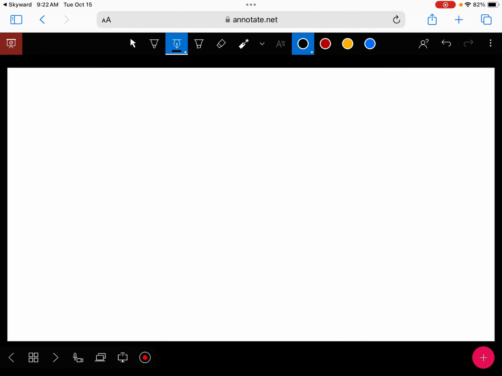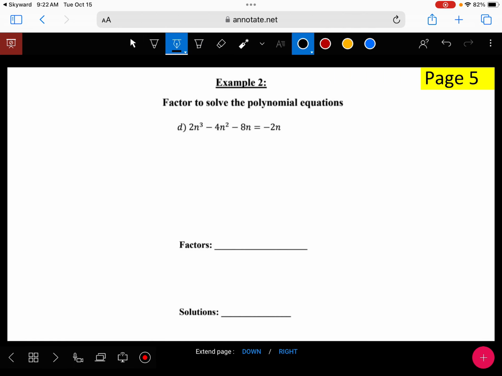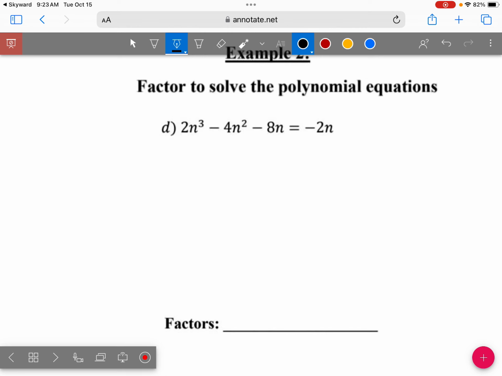All right, let's see. I want to do this one here. We'll end with that one. Let's go to question D. Last one for today. So, does this one equal 0? Does it equal 0 at the end? Nope. So we got to start by adding 2n.